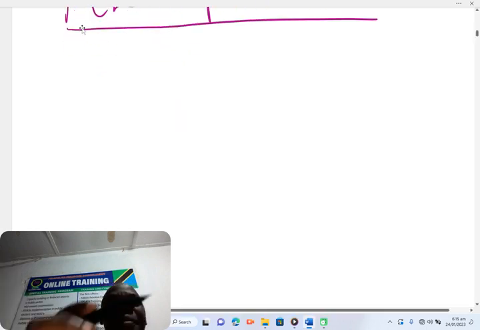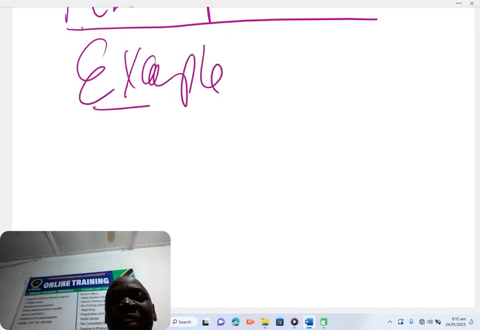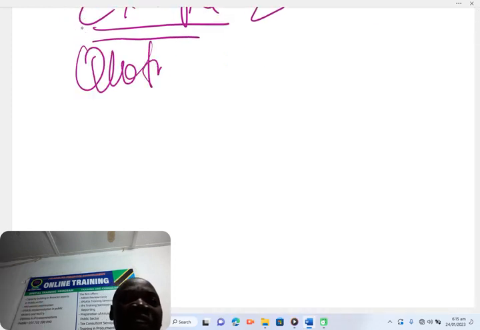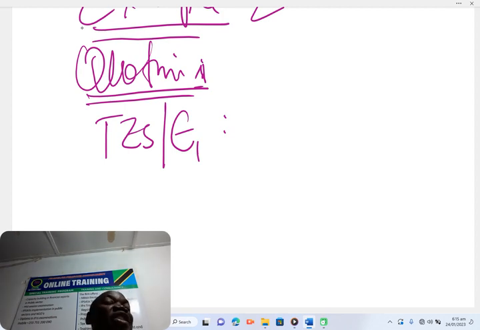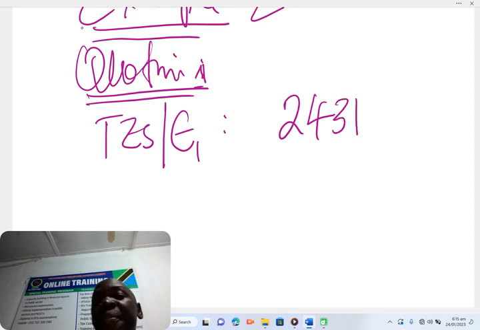For example, this is example number 2. If quotation 1 is quoted as USD stroke euro, trading currency is euro, and it is 24.31.